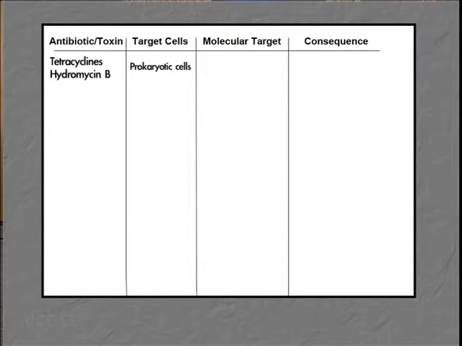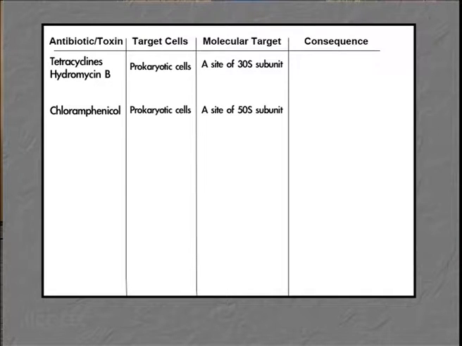Now we will talk about various antibiotics in brief and their mode of action in restricting the translation process. Components like tetracycline and hygromycin B restrict the translation process in prokaryotes, and their target site is the 30S ribosomal subunit. Then we have chloramphenicol, which inhibits the peptidyl transferase center of the 50S ribosomal subunit.